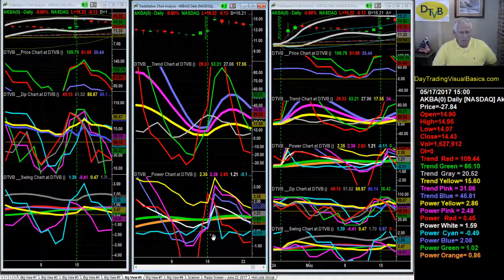Now we actually have 2 different patterns here, and by that I mean power yellow is above power orange, and the other 3 indicator lines, the power 3 is under power orange. So that's one pattern location group that we see that is there when we see gaps up or gaps down.